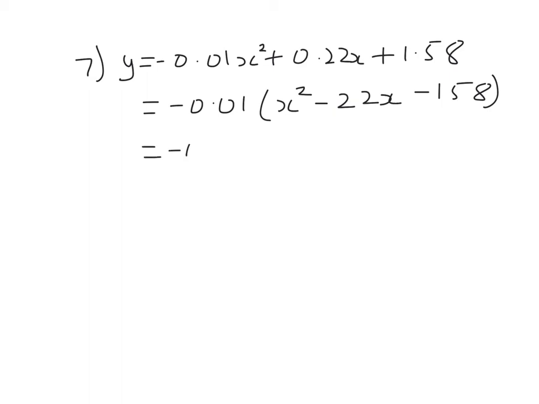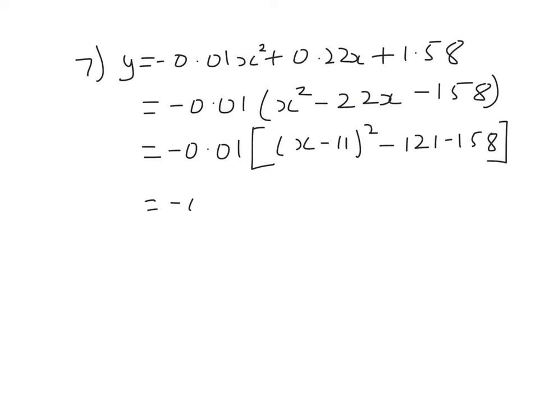So let's carry on. 0.01, I'm going to have 2 brackets now. It's x minus 11 squared, because half of 22 is 11. So I've put in 121, I've got to take away 121 and take away 158.